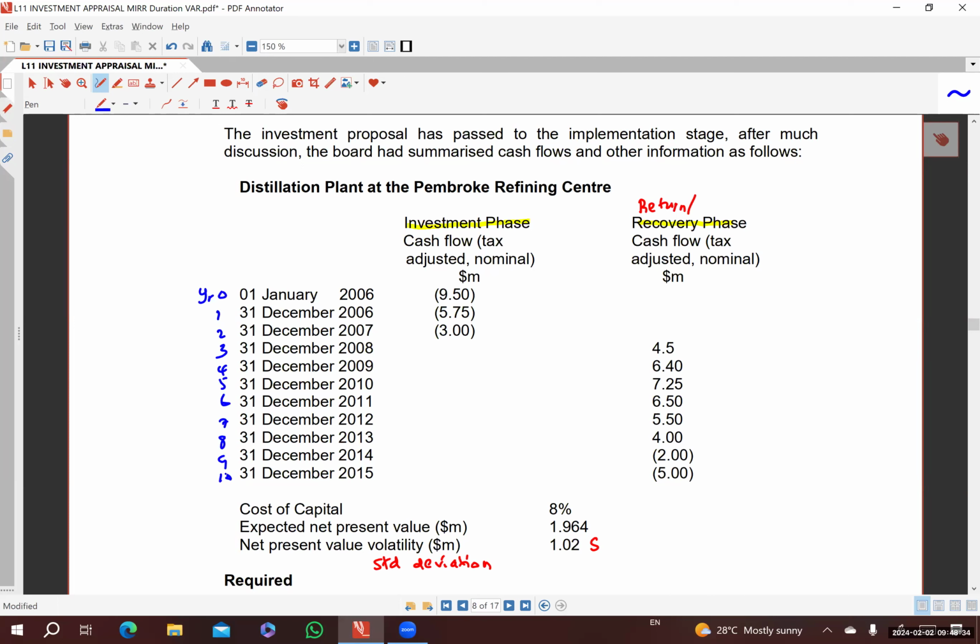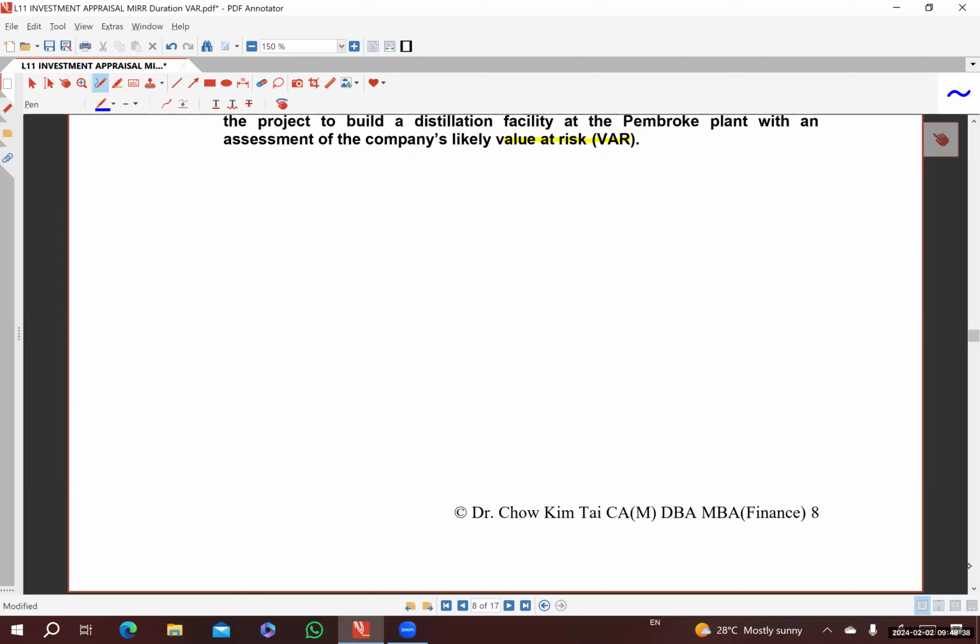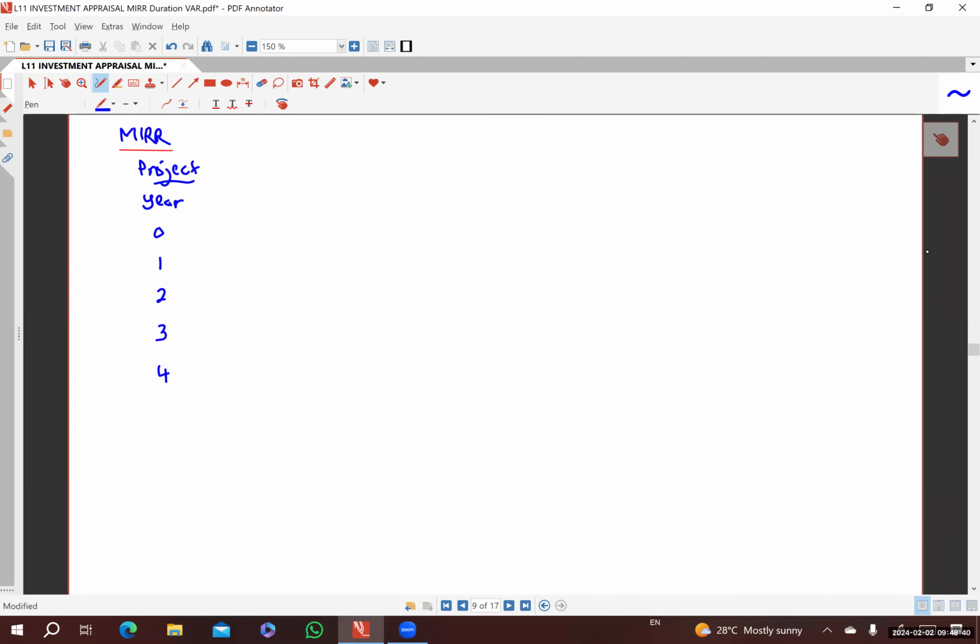It's 10 years here. Okay, got a lot of space, so no worry.